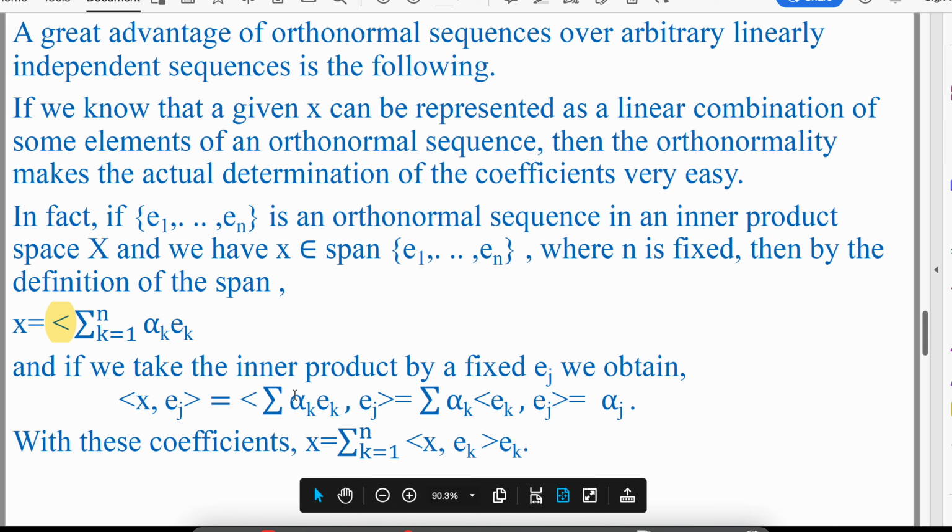If we take alphas out, then it will be sigma alpha k inner product of ek with ej, and this is nothing but alpha j. With these coefficients, x is equal to the sum over k equal to 1 to n of the inner product of x with ek, times ek.